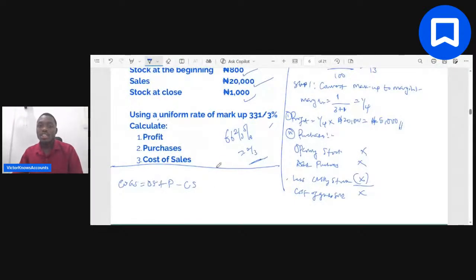And why is that? It is because your cost of sales will be equal to sales minus profit. Don't forget that to get your gross profit, you have to deduct cost of goods sold from your sales. So if sales equals cost plus profit, then your cost equals sales minus profit.